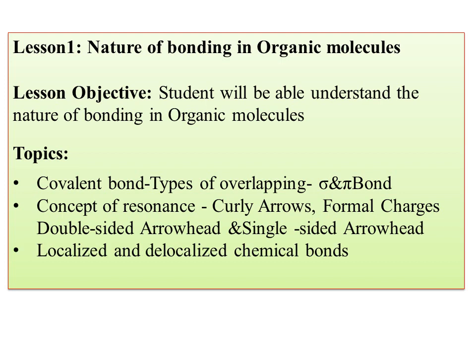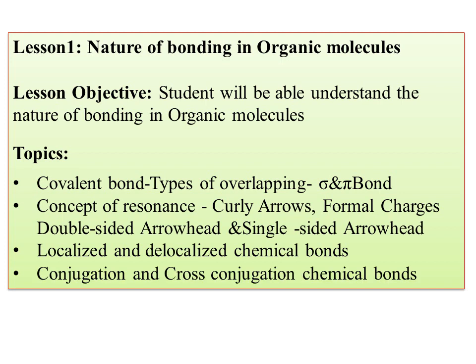Along with that, you are also going to understand localized and delocalized chemical bonds. When you consider the aromatic compounds, there you come across localized and delocalized bonds, in compounds which have unsaturation, having a double bond in conjugation. Similarly, conjugation, non-conjugation, cross-conjugation chemical bonds, these are the various types of bonds you come across in organic chemistry.